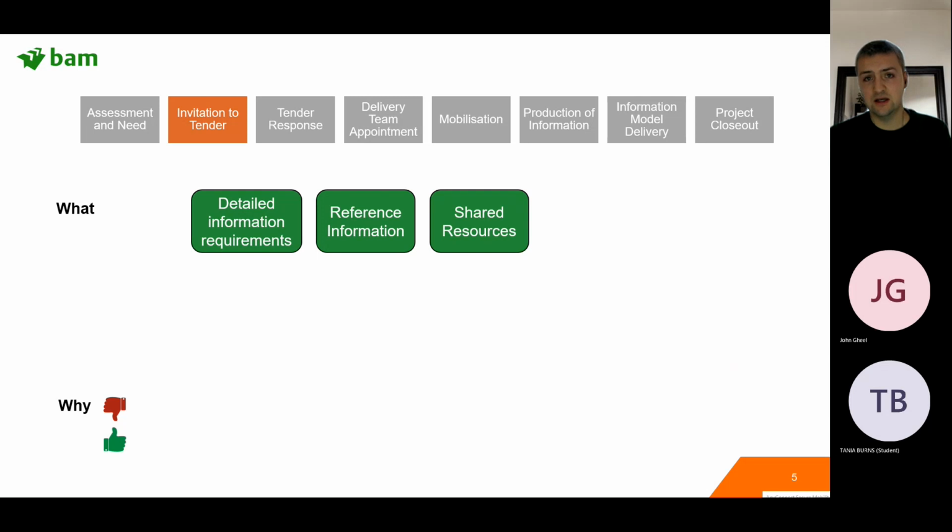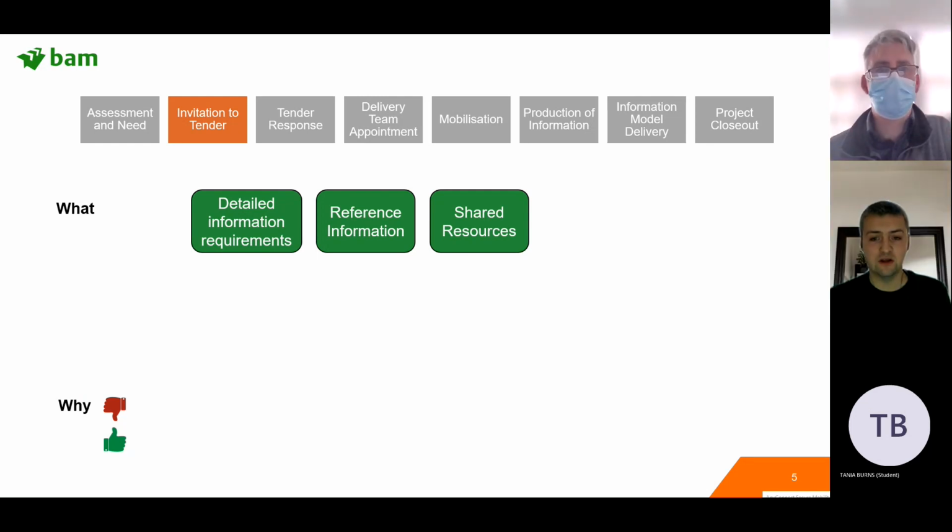To carry out clash detection, you need to have clash tests, which is a file. So you've got a clash test file. It doesn't make sense for every team to produce their own clash tests manually, when you can just share that file and everyone can use it.